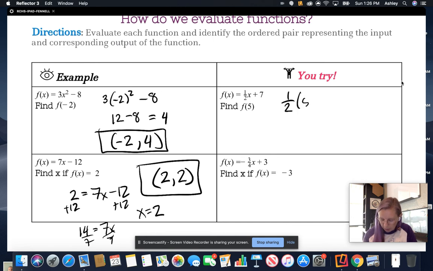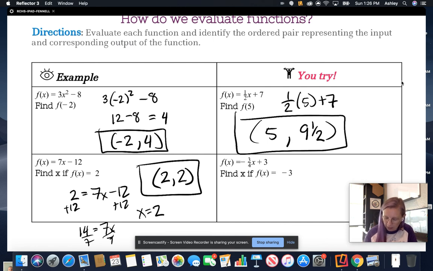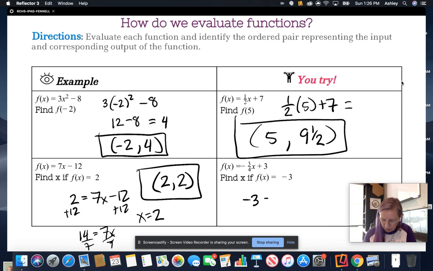First, we're going to do 1/2 of 5 plus 7. Half of 5 is 2.5 plus 7 is 9.5. So when I plug in a value of 5, my output is 9.5, or my y value there. In this case, I have -3 equals -3 over 4 times x plus 3. Inverse operations again. -6 equals -3 over 4 times x.